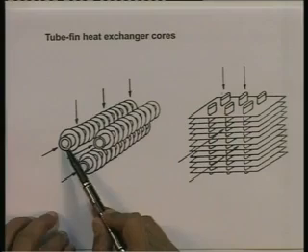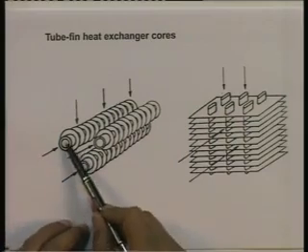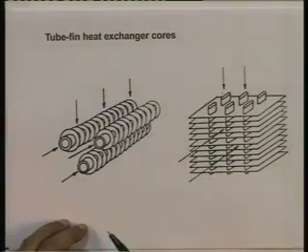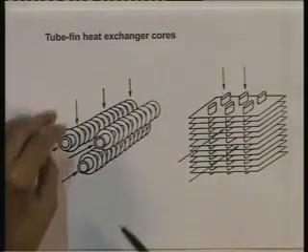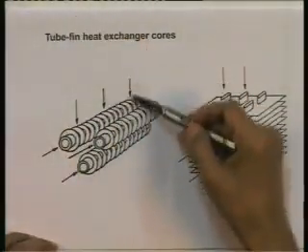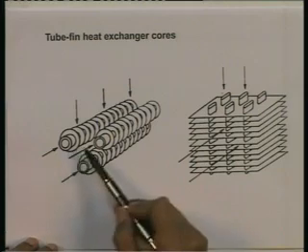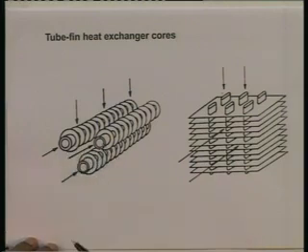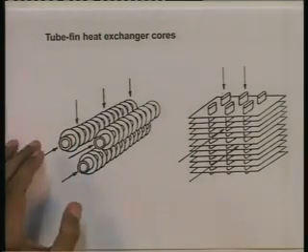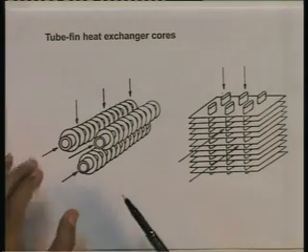Now, here is a bundle of tubes. Look on the left side, these are 3 tubes like this, and one fluid is flowing on the outside of the tubes, the 3 vertical arrows. The other fluid is flowing inside the tubes. Typically, this type of heat exchanger is used for exchanging heat between a gas and a liquid.